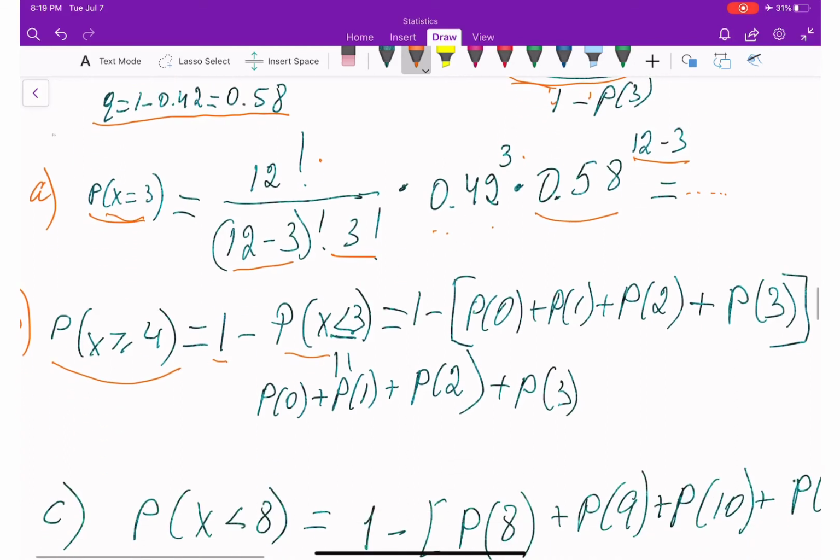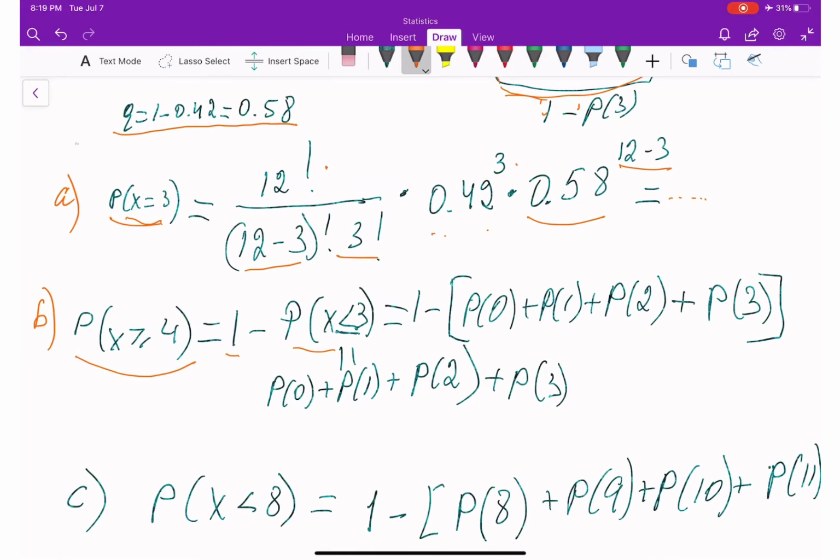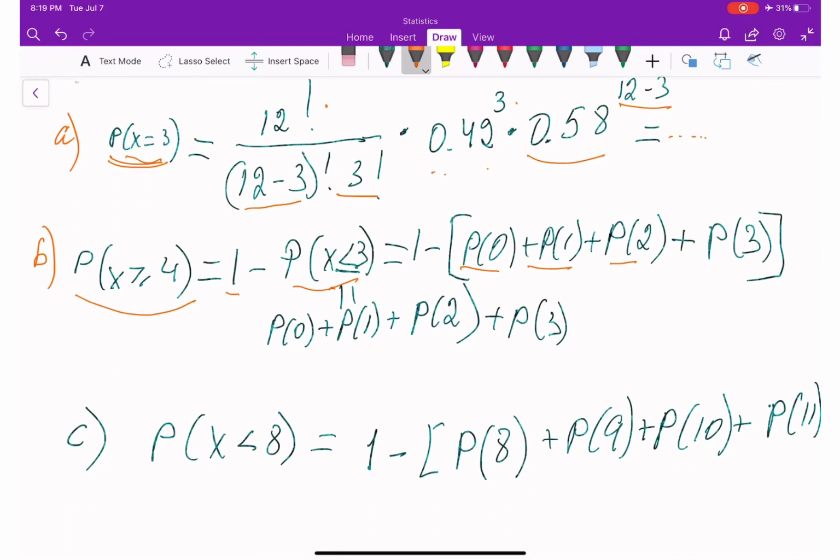Therefore, 1 minus probability of x less than or equal to 3. Less than or equal to 3 means 0, 1, 2, and 3. All we have to find out is 0, 1, and 2. You already know how to find them. And you do 1 minus the probability of 0 plus 1 plus 2 plus 3. Once you add them up, you subtract from 1, and you will get your probability of x greater than or equal to 4.